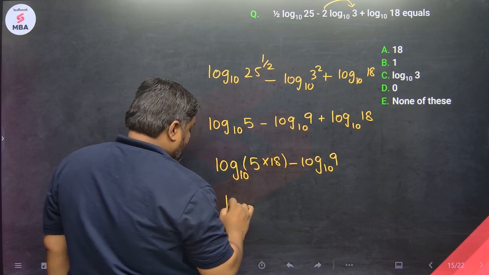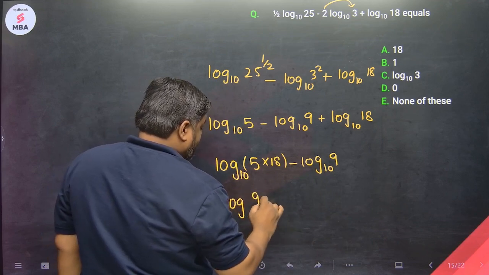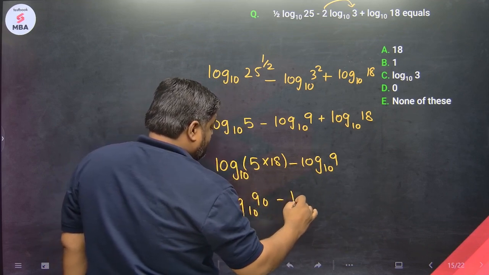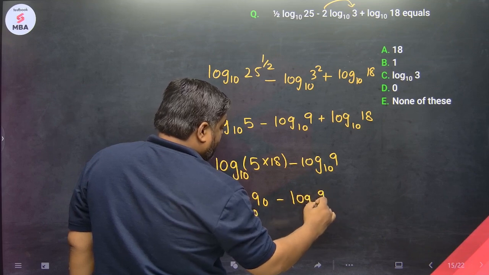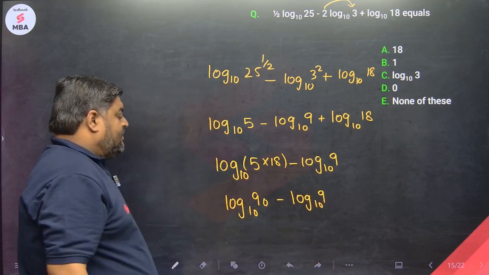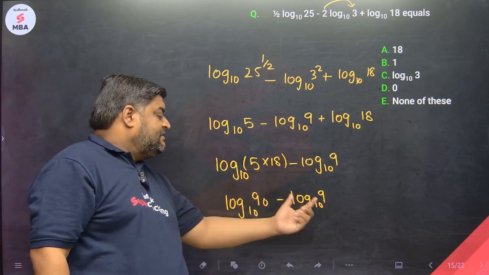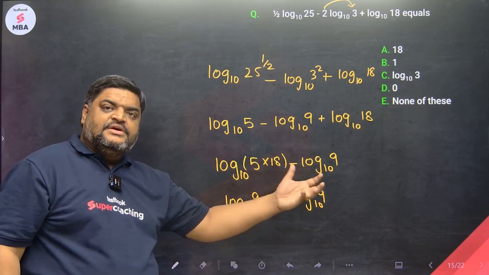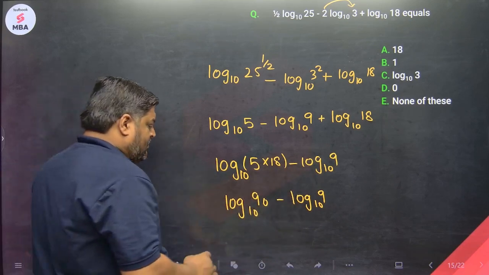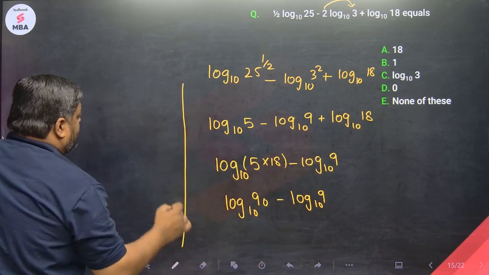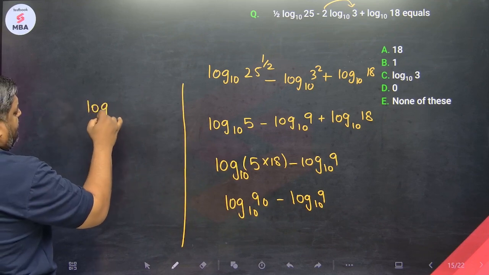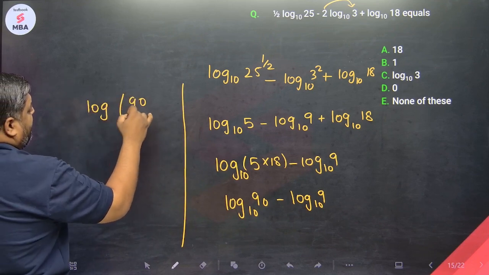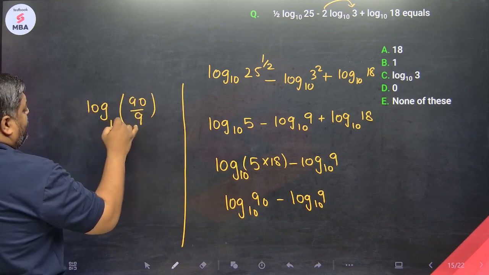So this is log 90 to the base 10 minus log 9 to the base 10. And now log A minus log B with the same base is log A by B. This is log 90 by 9 to the base 10.